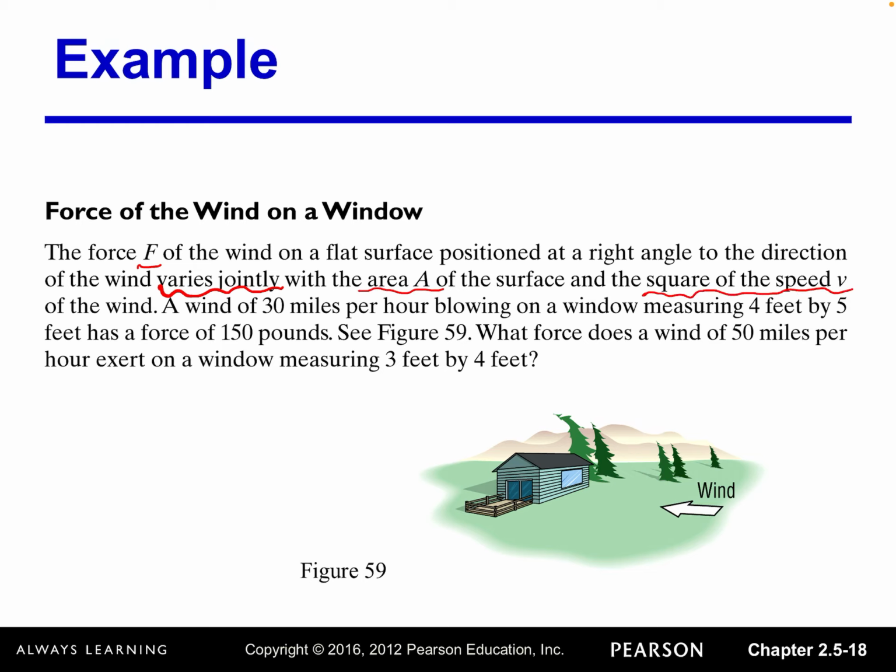Be careful, this is the square of the speed, so here is V squared, of the wind. Based on this description, we can construct a model first. So F should equal, it varies with area A and V squared, and then we add a constant K.